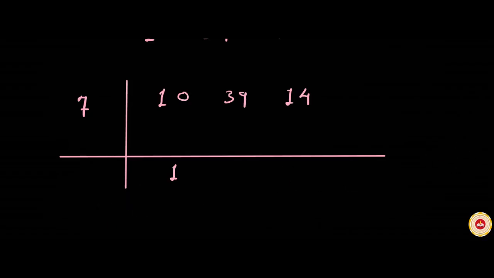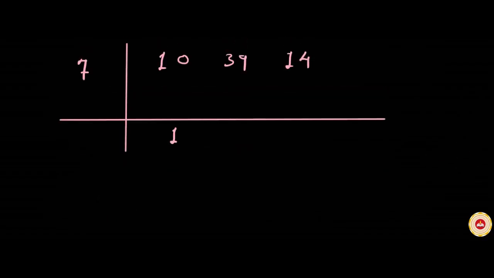Let me write the steps here friends, otherwise it will be confusing. 10 divided by 7 gives quotient 1 and remainder 3. 10 minus 7 is 3. Now when the dividend is in parts, then we cannot prefix the remainder directly as we usually do.